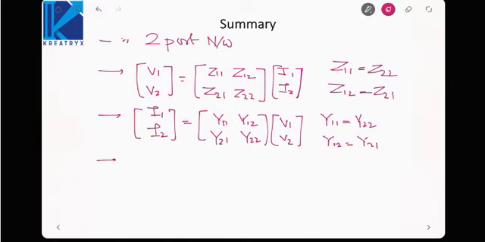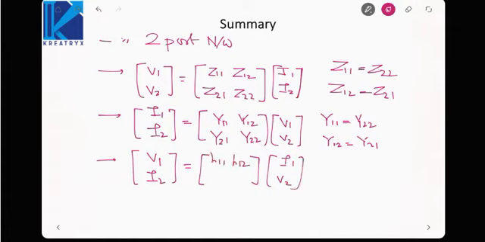Then we looked at hybrid parameters which related V1 and I2 with respect to I1 and V2. The parameters were H11, H12, H21, H22.